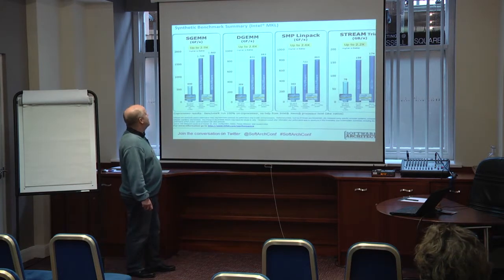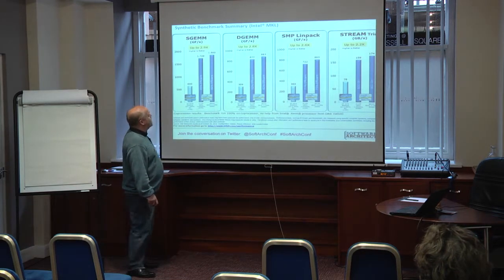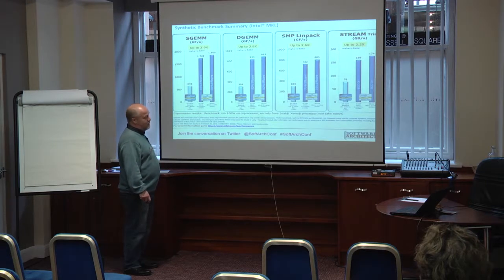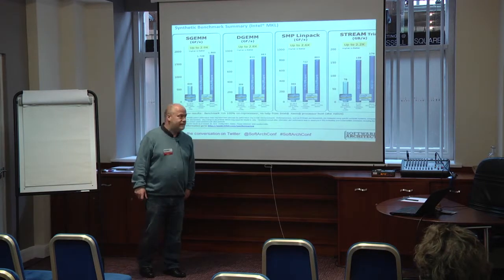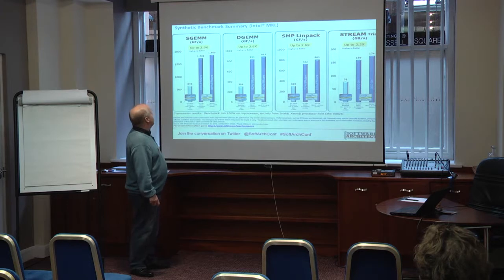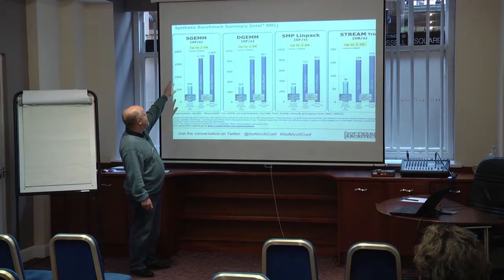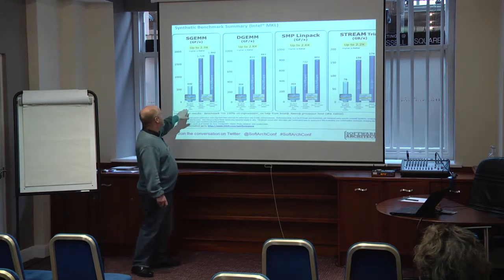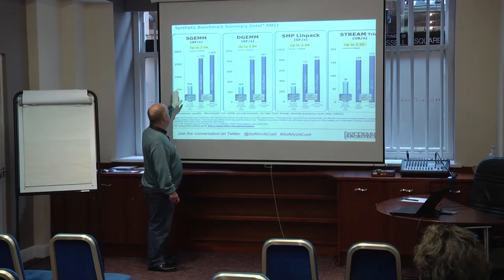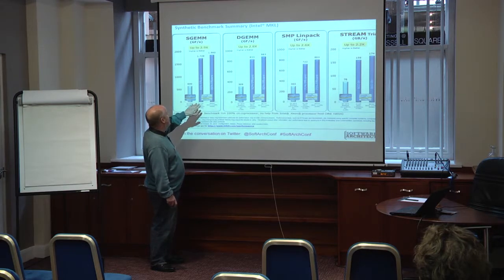Here are some benchmarks, from the Intel Math Kernel Library. The thing I want to highlight is the speed up: we've got the performance running on a regular Xeon, and then performance running on Xeon Phi.